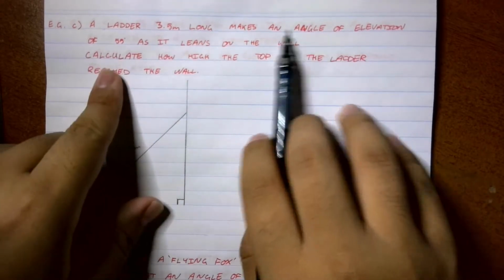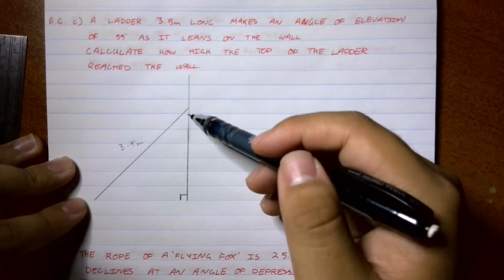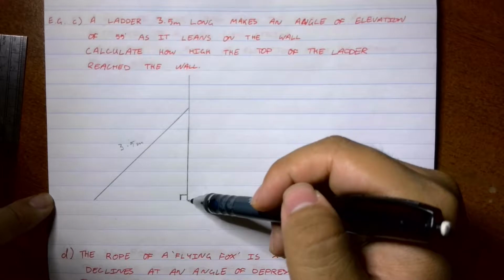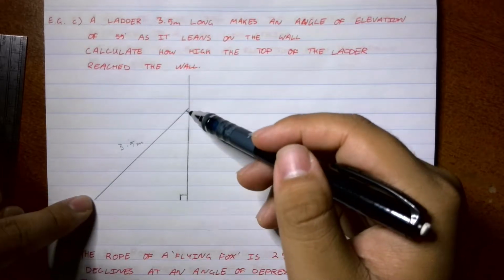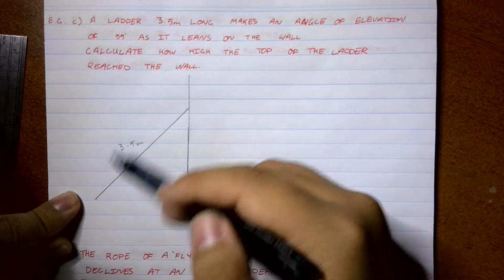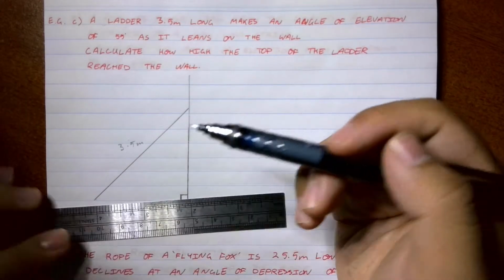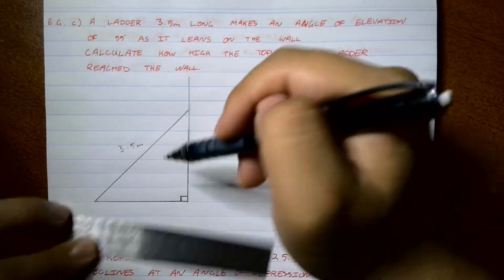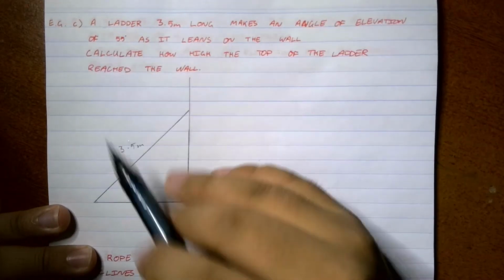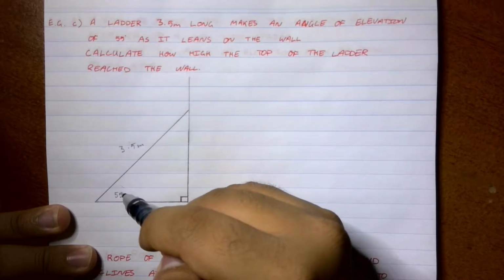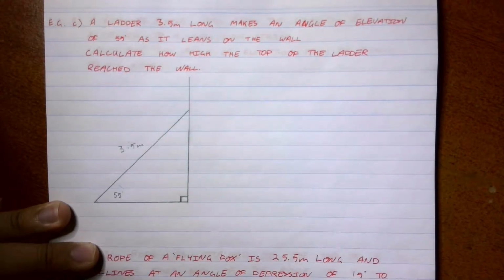Well, if it's making an angle of elevation, if the ladder were leaning flat on the ground and it's raised up to an angle, it must be making this angle with the ground. So let's draw another line with the ground like this, and we know that this angle here must be 55 degrees.